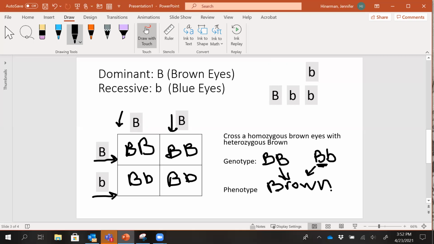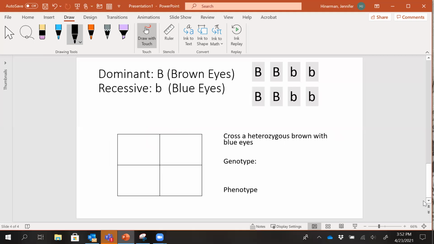So here, the only possibility that these babies could be is brown eyes. So if a baby has blue eyes, two little b's, that's not possible with this parent and this parent. So if there's a baby with blue eyes, that might not be the dad.